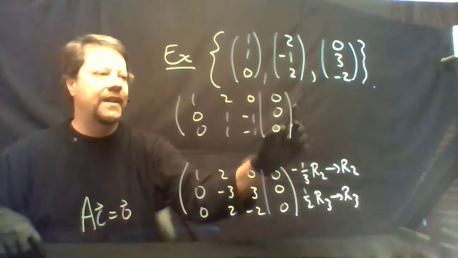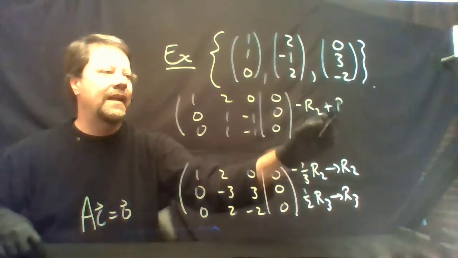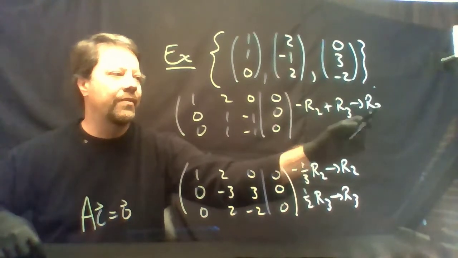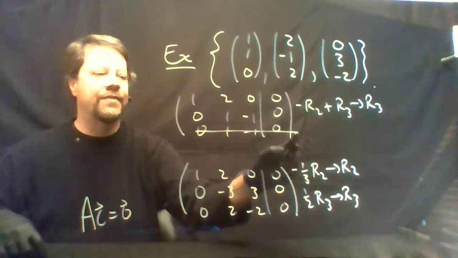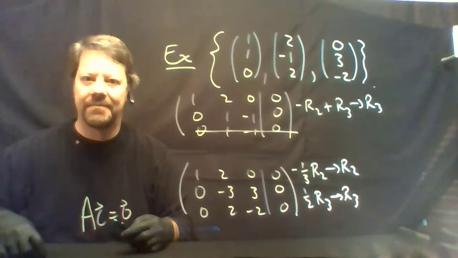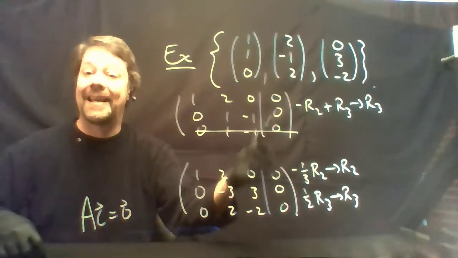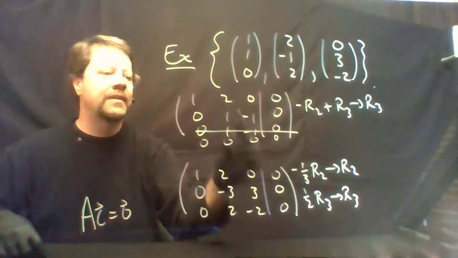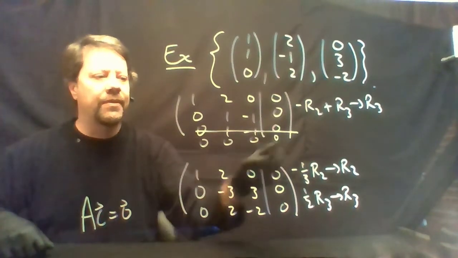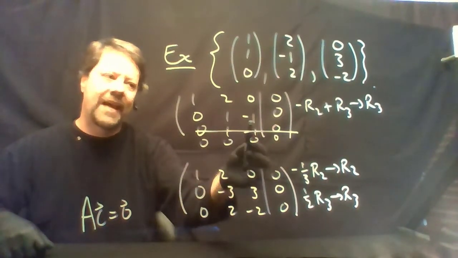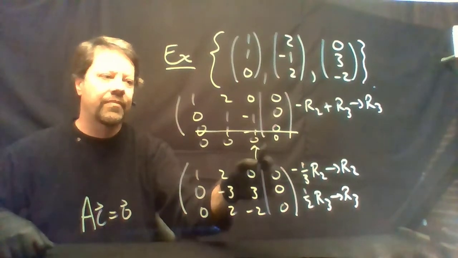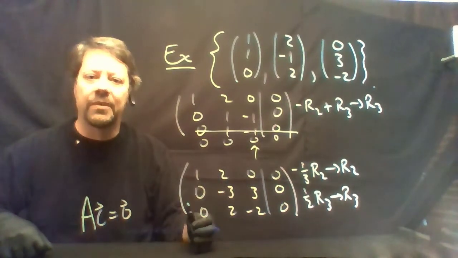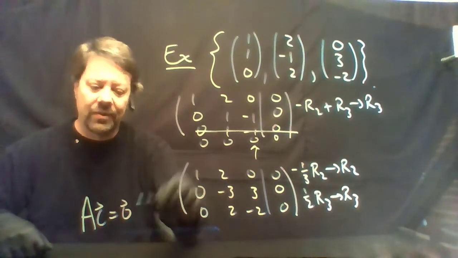And then if we take negative row 2 and add to row 3, yielding a new row 3, we'll have a row of zeros across the bottom. I'll just cross it out, indicating it's a row of zeros. When you have a row of zeros, you can see that we have a free variable. Because we have a free variable, there are infinitely many solutions.